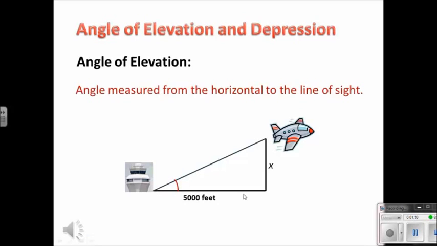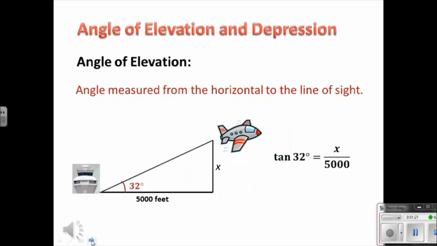Now, the distance from the tower to the plane is 5,000 feet, and we want to find the elevation of the plane. So, knowing that the angle is 32 degrees, I see that I have the opposite over the adjacent, and that's the tangent function. So the tangent of 32 is x over 5,000.